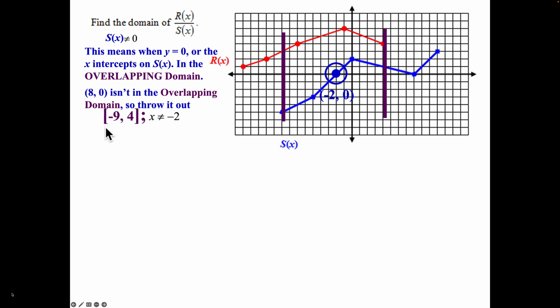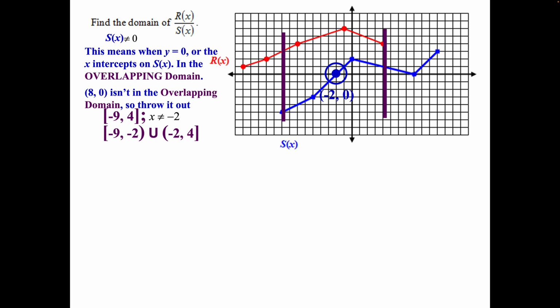So my domain is still the bracket -9, 4 bracket. You just attach that individual domain restriction. Now, if the homework wants this all in interval notation, then we go bracket -9, -2 parentheses, union parentheses -2, 4 bracket. Either one is acceptable for me on the test.